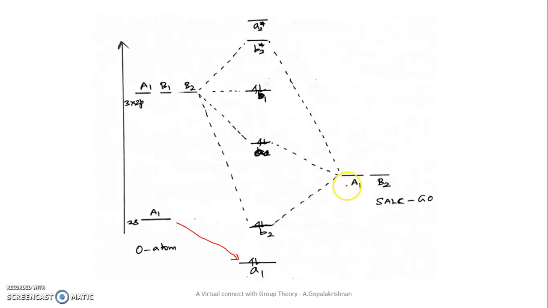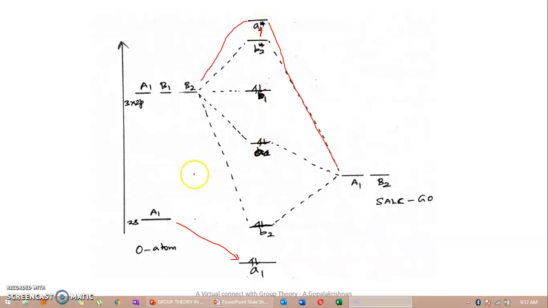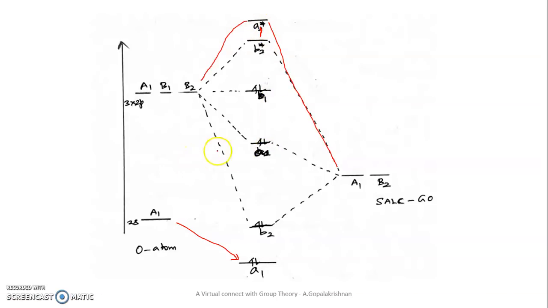Then this A1 and this A1 combine and form a bonding molecular orbital and an anti-bonding molecular orbital. This is A1, that is A1 star. So we'll get a total of 6 molecular orbitals.